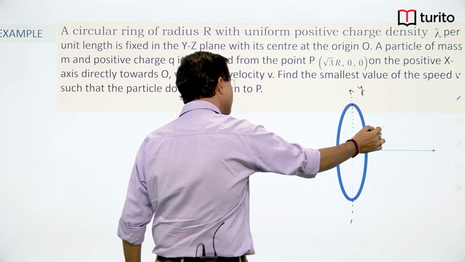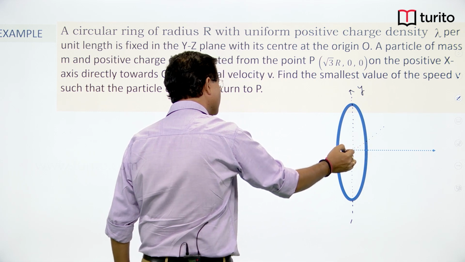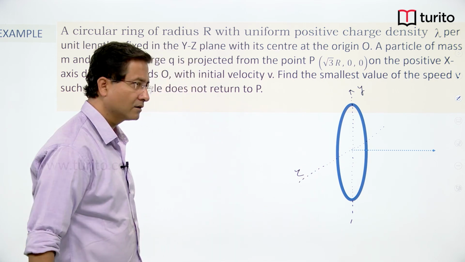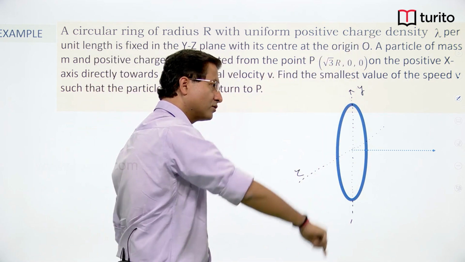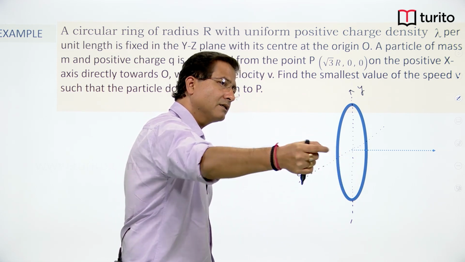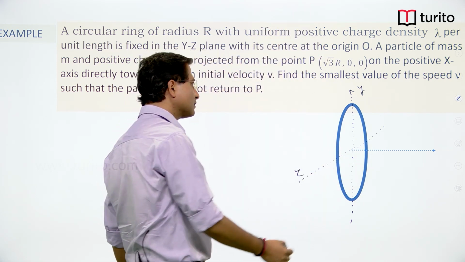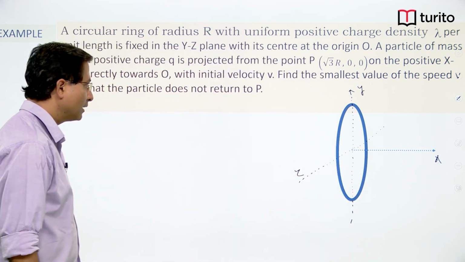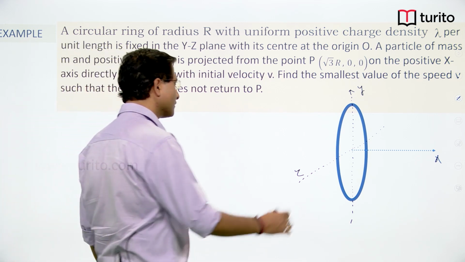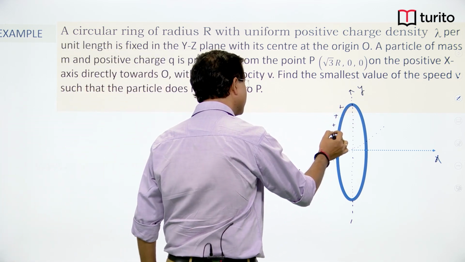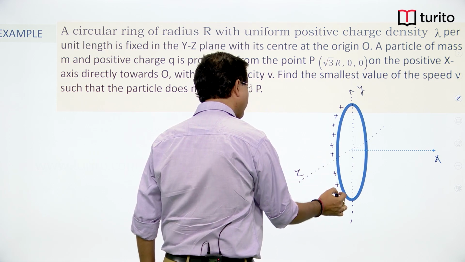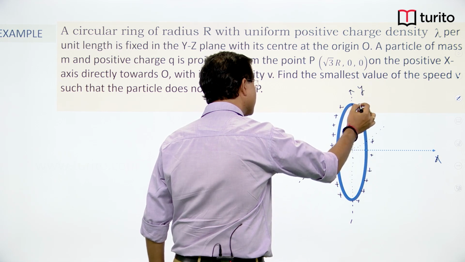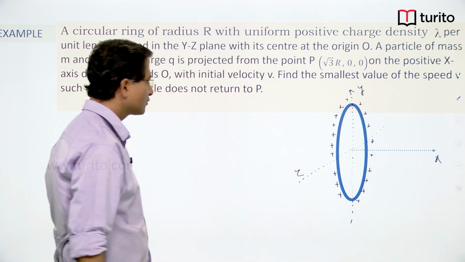So this will be the z axis. So this is the ring, right. Towards you, this is the x axis, and the ring is positively charged with linear charge density lambda. So this is the setup.